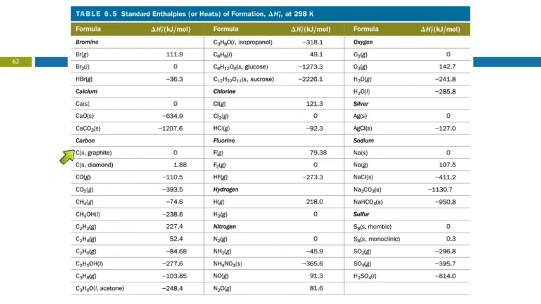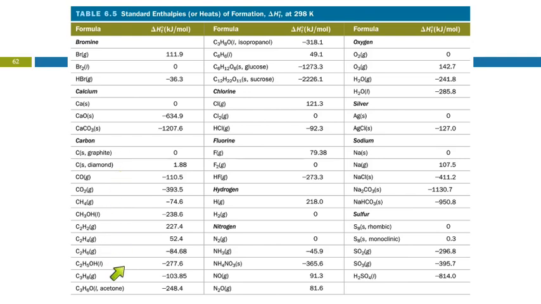Here's carbon. Carbon, two common forms are graphite and diamond. They are both solids. But graphite is considered the most stable, the standard state, and so it has heat of formation of 0. The diamond, carbon in the diamond form, has a small heat of formation.